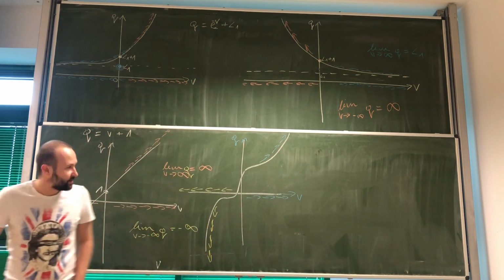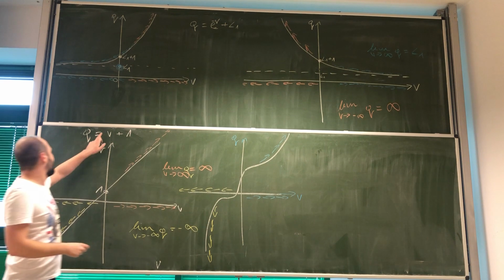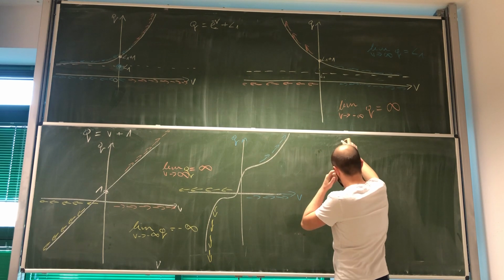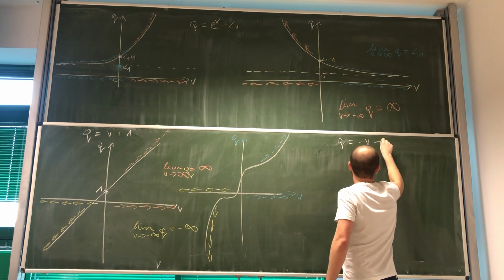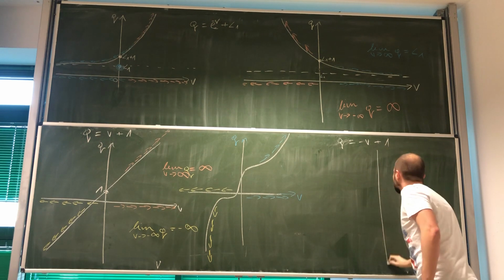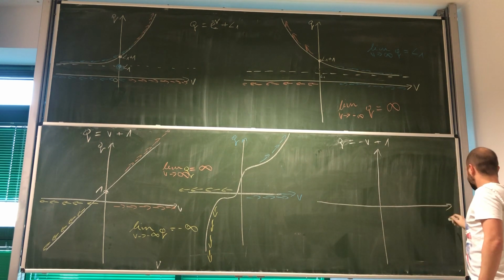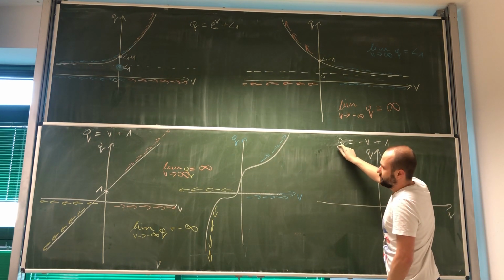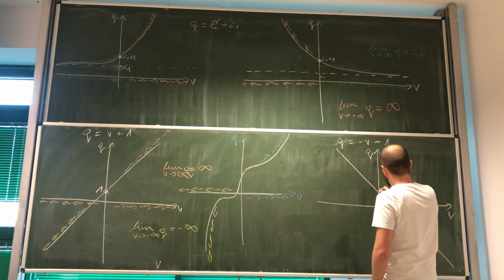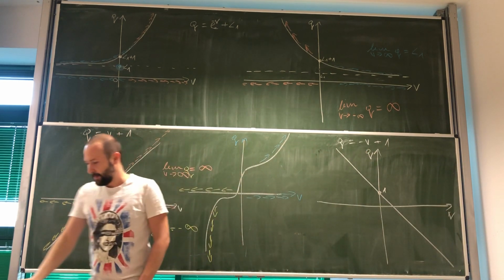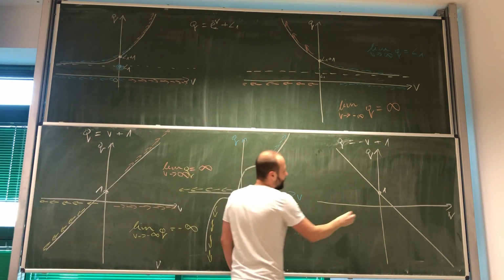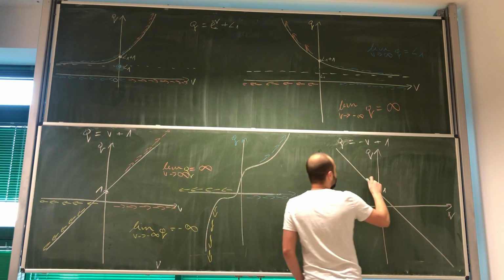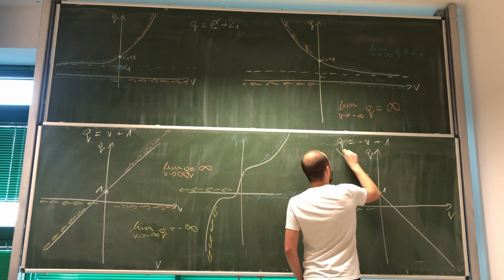And of course, if I were to change something in this function, for example, if I now add a minus in front of v again, q equals negative v plus 1, then the function would look like that. And what do we see over here? Now, as v goes to negative infinity, the values of the function are growing because q is getting bigger and bigger.